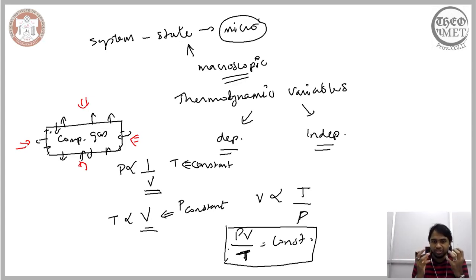So essentially one variable is dependent on two other variables. So this is what we mean by dependent and independent variable. This is not restricted to pressure or volume or temperature. This is just a law that is observed in gases, and based on this law we were able to extract this relation.